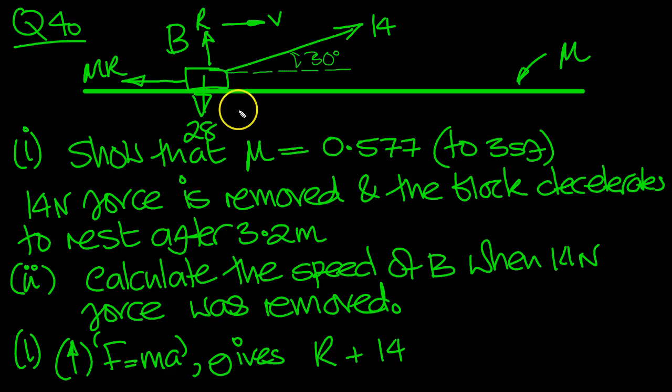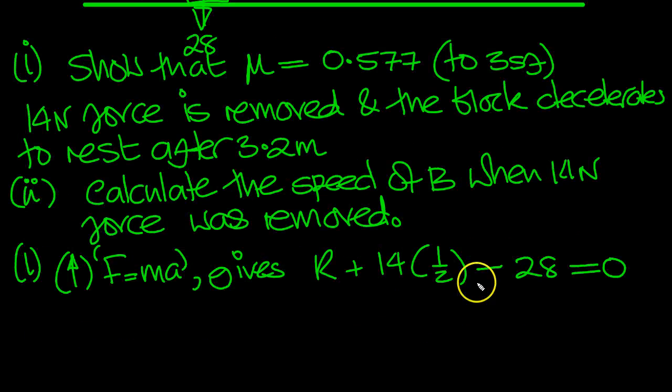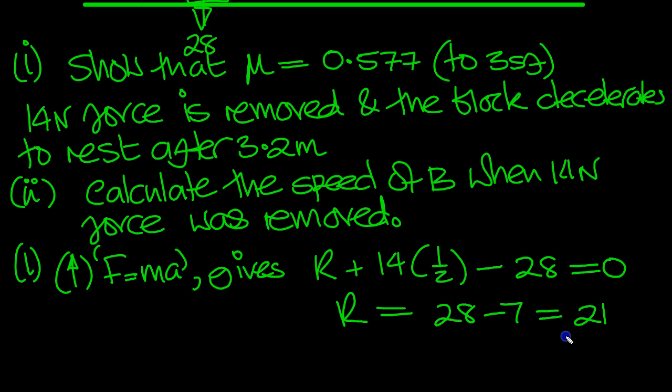Cos 60 is sine 30, which is a half, so I put a half in, minus 28 equals 0. So R is equal to, move the 28 over, this is 7, move this over, minus 7. 28 minus 7 is 21. So R is 21 newtons.